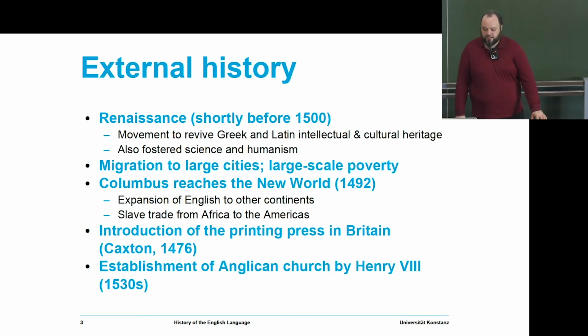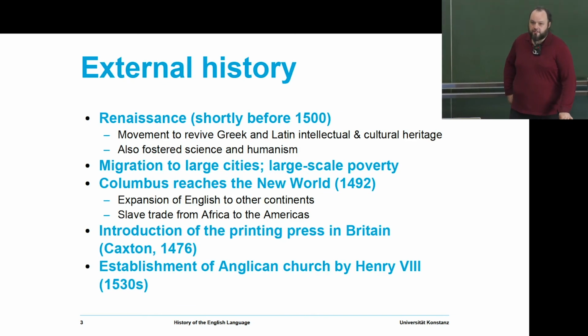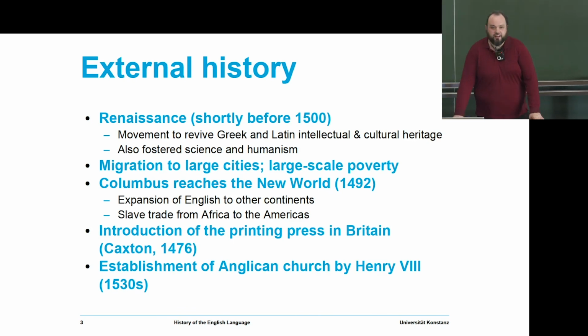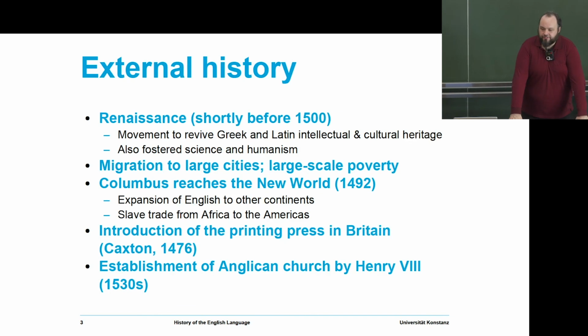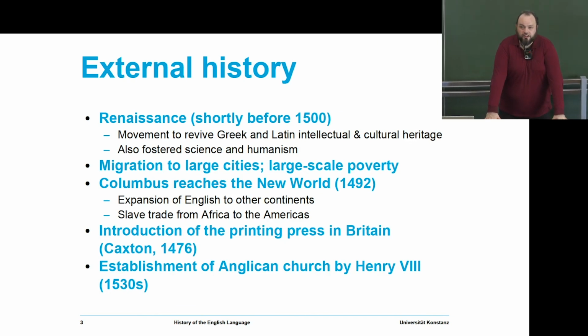As we see here, Columbus reaches what is somewhat anachronistically termed the New World in 1492. The term New World is useful to highlight here. It's only new to people like Columbus. There were obviously people there before, and it did not go so well for them. So one has to be careful with terms like the New World.